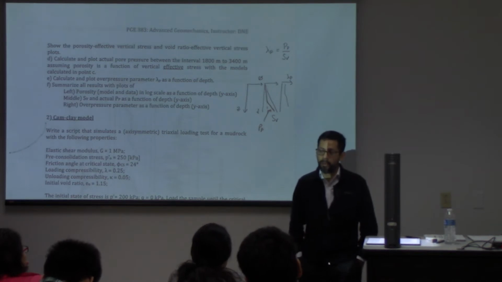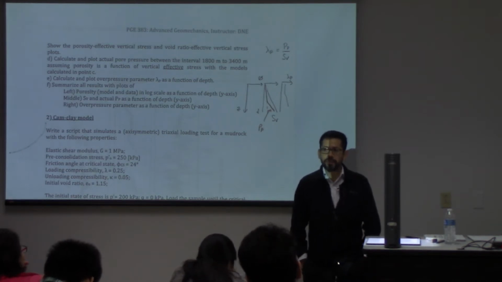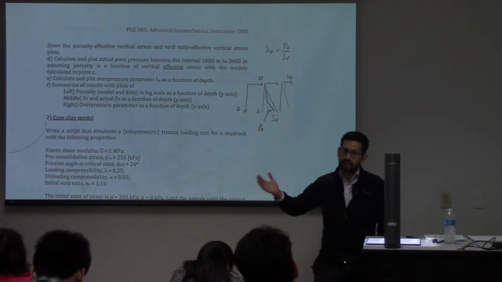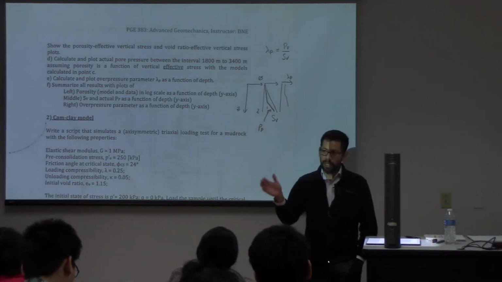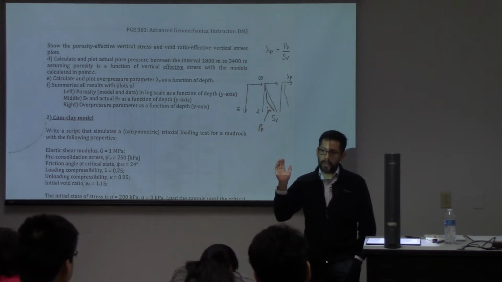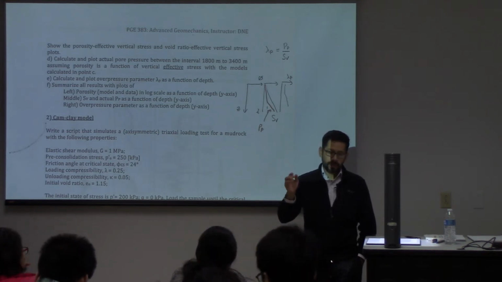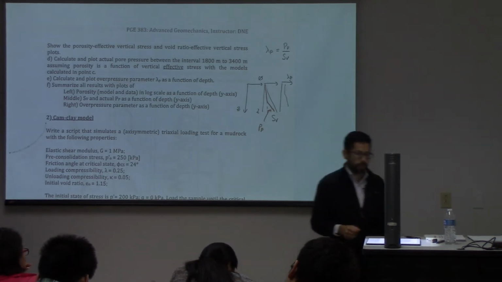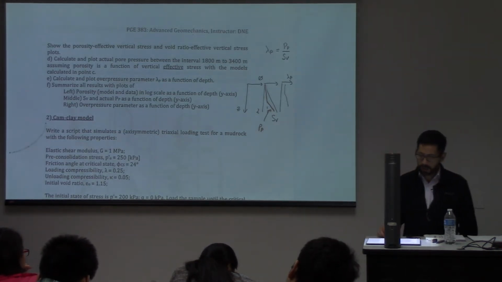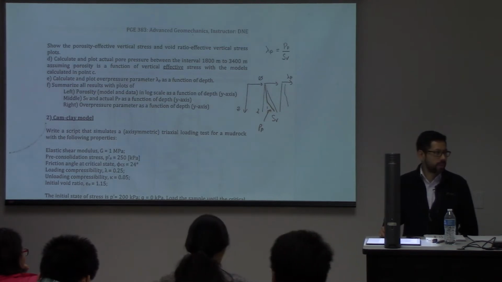Because the pore pressure cannot be higher than the vertical stress, right? And if we have a case of normal faulting or strike slip stress regime where the S3 is Shmin, the pore pressure cannot be higher than the value of minimum total horizontal stress.